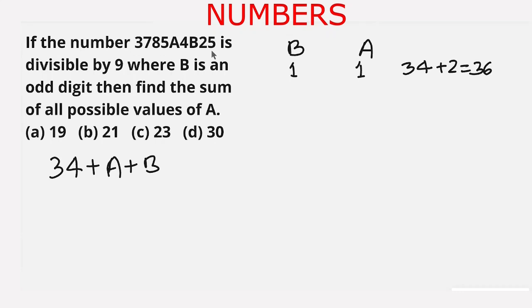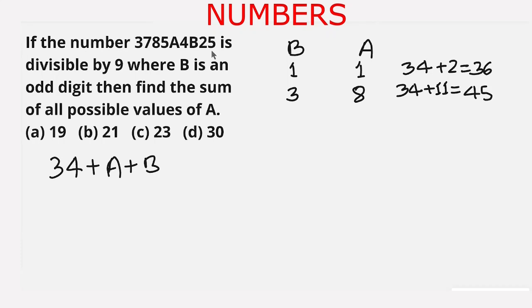Now B can have only odd values, so the next value of B can be 3. And if B is 3, then A can be 8, so that 3 plus 8 is 11 and 34 plus 11 equal to 45, which is divisible by 9.